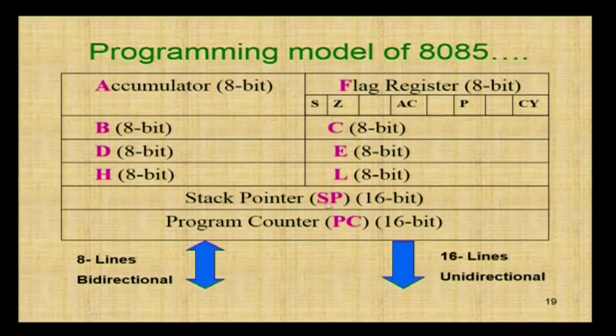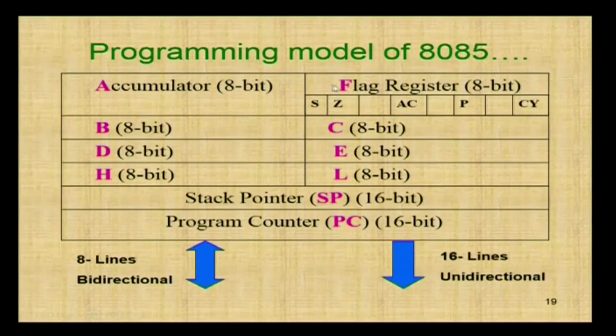Then you have the stack pointer, for storing some important data away from the main data and main program. We can allocate some memory area as a stack, and we can initialize that memory location, and that is called the stack pointer. We will study all those things in detail when we study the various instruction sets and programming of the microprocessor.